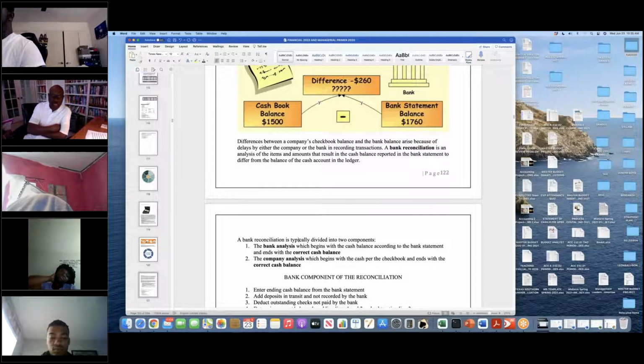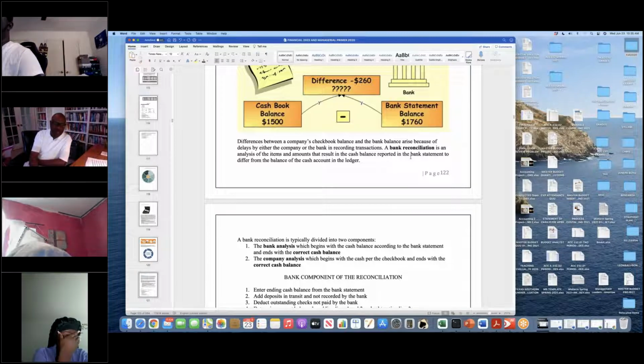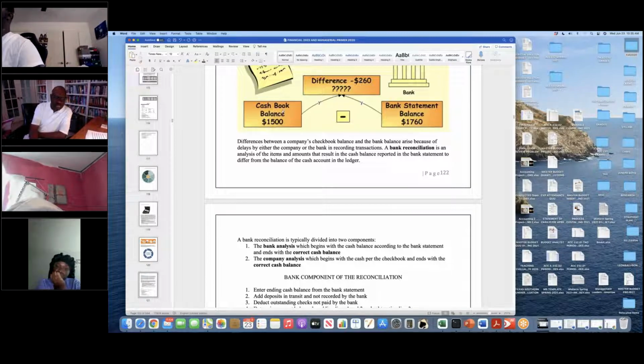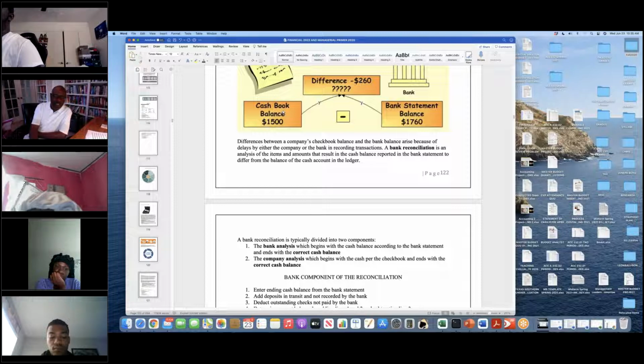And we do two things. We do a bank analysis where we reconcile the bank statement balance to the correct balance. And then we do a company analysis where we reconcile from the cash balance that's in the T account to what the correct balance should be.